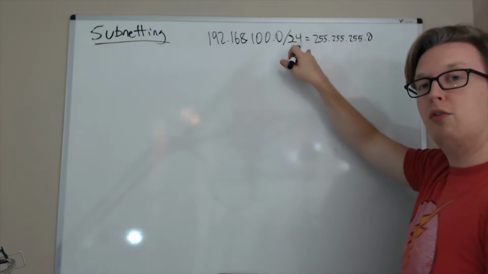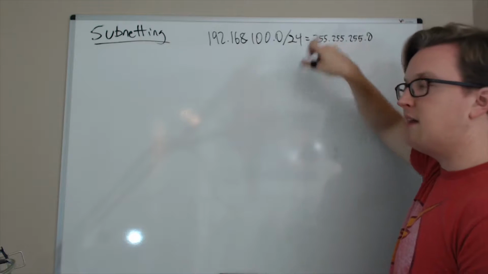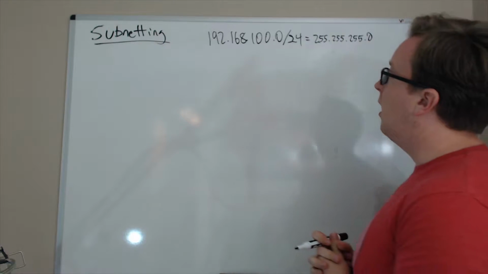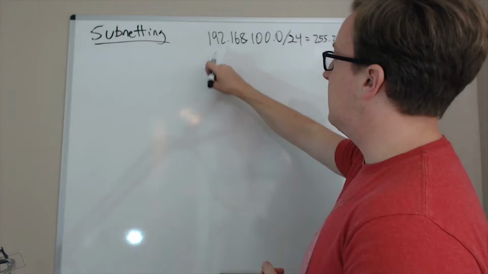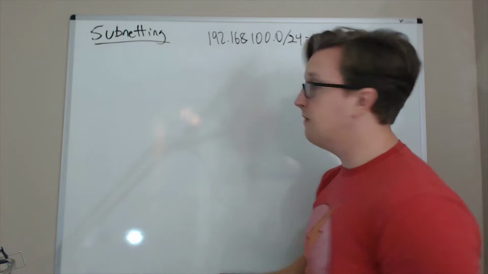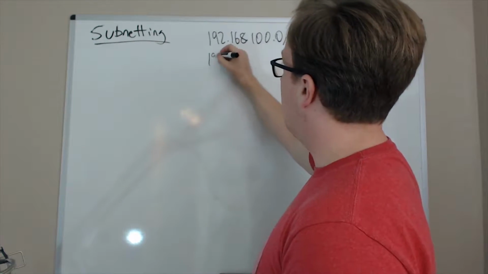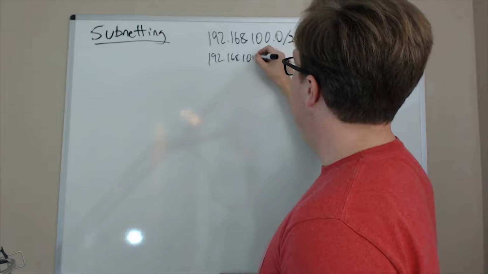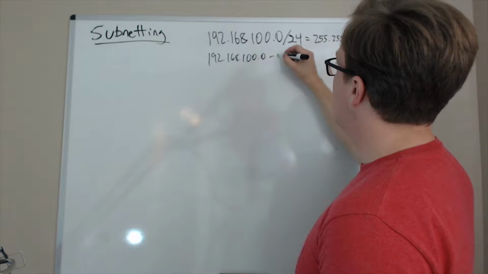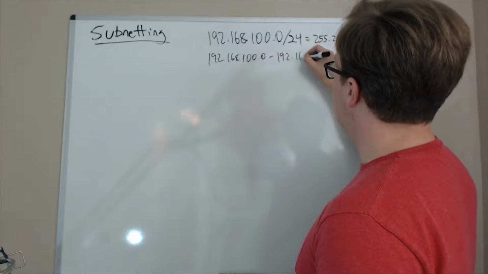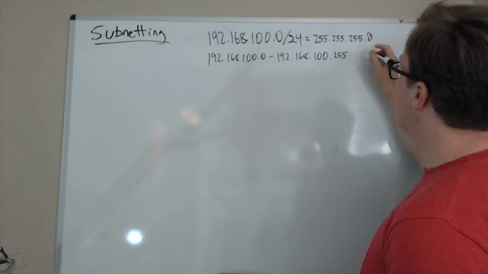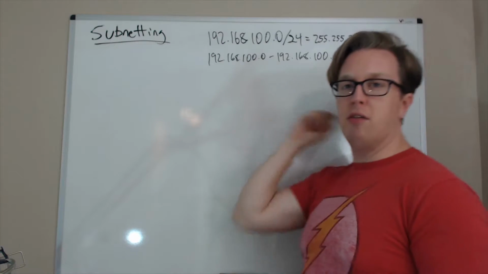Same thing. So what does this mean? What does this give us as far as IPs? This is going to give us 192.168.100.0 through 192.168.100.255.